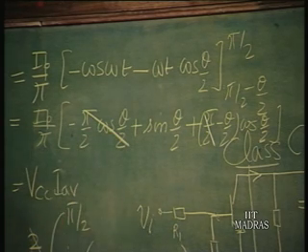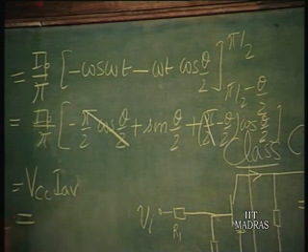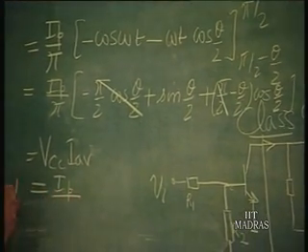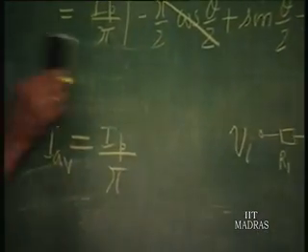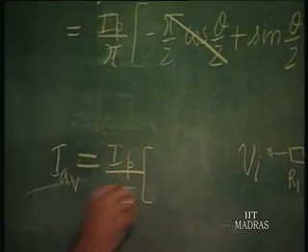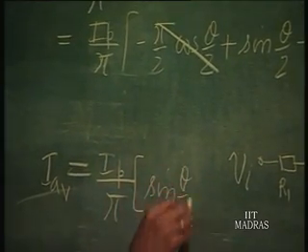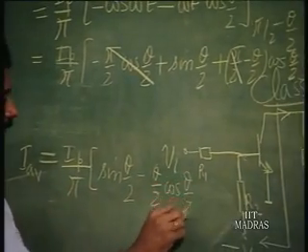So, the answer is I average, therefore, is equal to I p by pi into sin theta by 2 minus theta by 2 cos theta by 2.